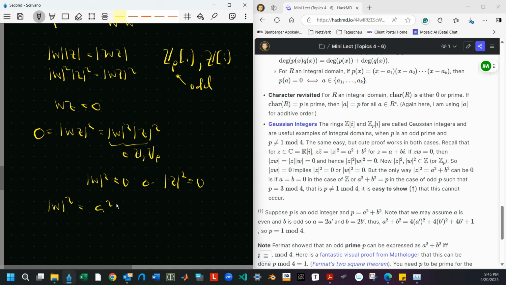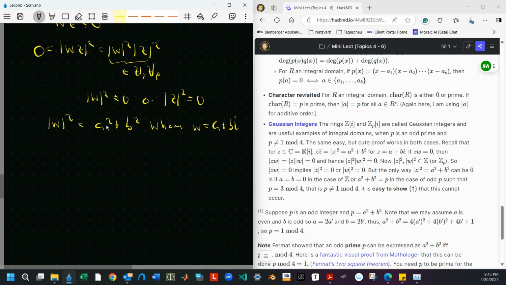So this is actually a squared plus b squared, where w equals a plus bi, and we're saying that that is equal to 0. Now we want to consider how that can happen. So first of all, in Z, this can't happen.